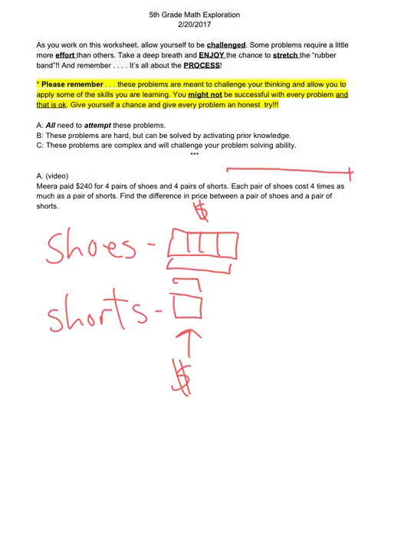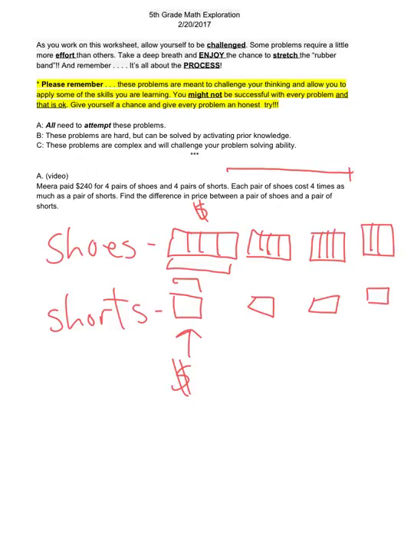So now we know that she bought more than just one pair of shoes and one pair of shorts. So if I go ahead and put in another pair of shorts, another pair of shorts, and let's say another pair of shorts right here, I know that I need to put in another pair of shoes. That's 4 times as expensive. And another pair of shoes, 4 times as expensive. And of course that last pair of shoes, that's 4 times as expensive.